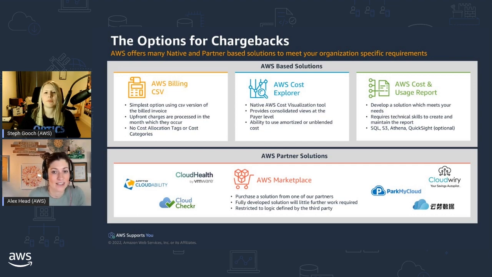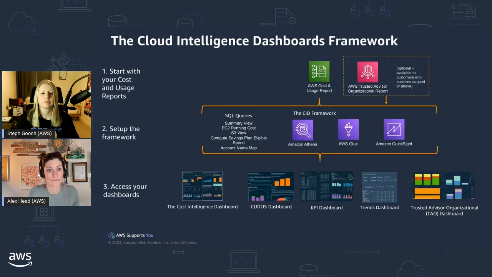And then the end-all be-all, the Cost and Usage Report. You can get into so much more detail from that, so a lot of our partners use that data to give you a different outlook into it. That really goes into all these partner solutions. My personal favorite, and close to home because our team developed this a couple of years back, is using the Cost and Usage Report for the Cloud Intelligence Dashboard.